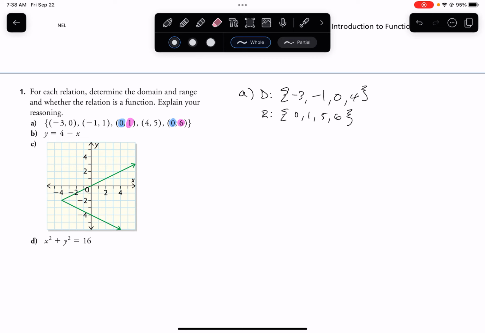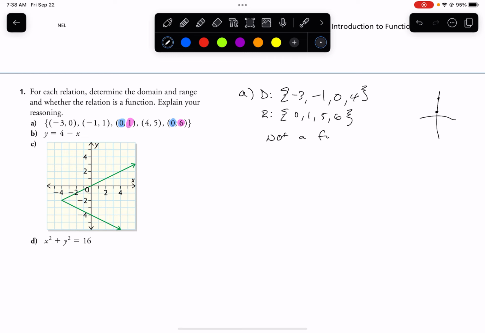So this series of points is not a function, because when I look at 0, I have a point at 0, 1 and a point at 0, 6. That now fails the vertical line test, so we're going to say that this is not a function for A.